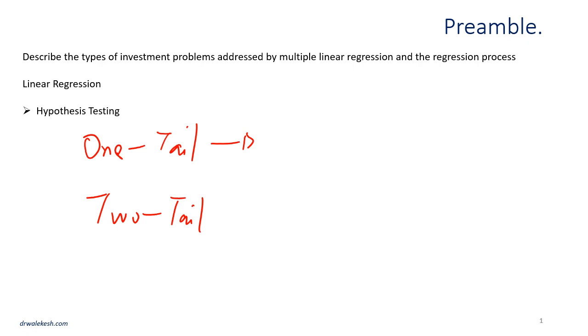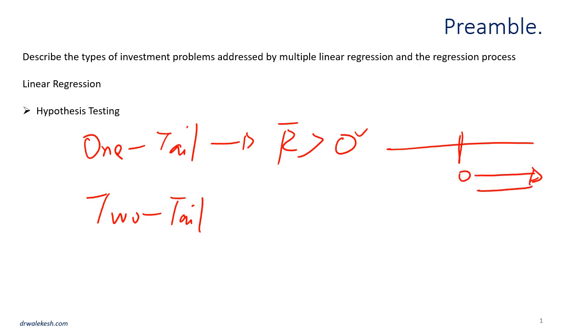A one-tail test is a unidirectional question. If I believe that the average return that you would make on stock XYZ is greater than 0. This is a unidirectional question. So using 0 as a landmark, that means my belief is that the return you can only make on that stock XYZ is only in one direction, above 0.